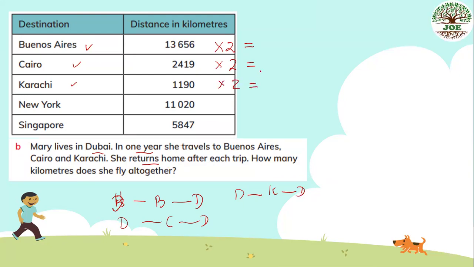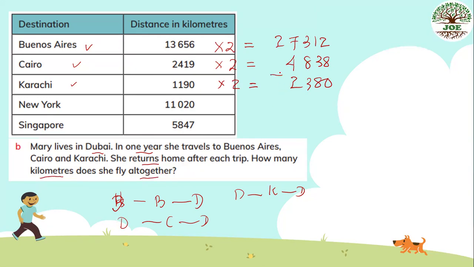Okay, they are 27,312. And from Dubai, Cairo, Dubai is 4,838. And Dubai, Karachi, Dubai is 2,380. So, how many kilometers does she fly altogether?